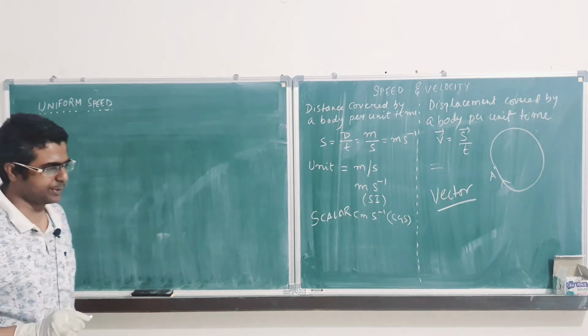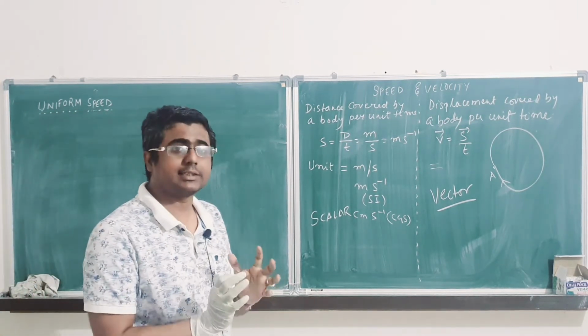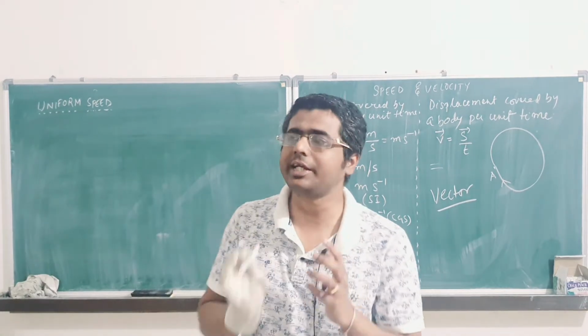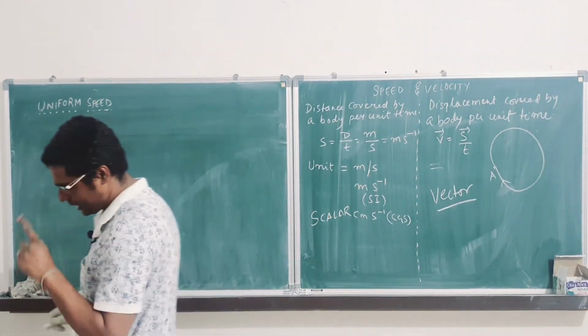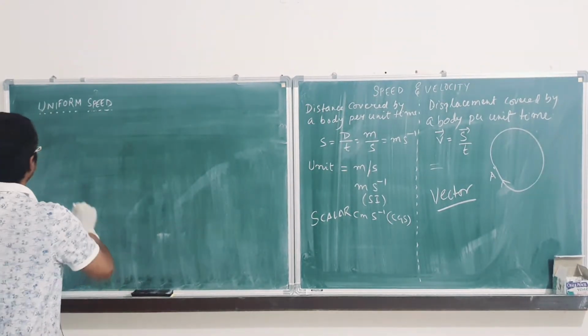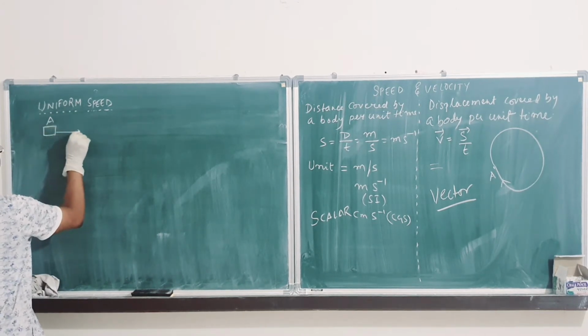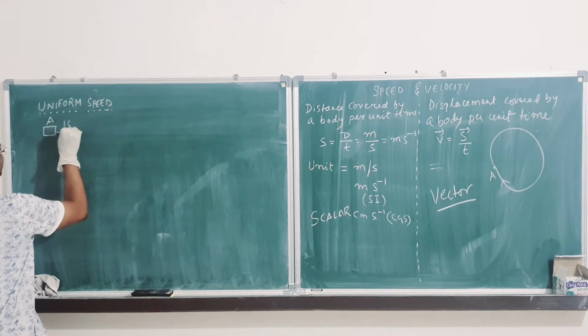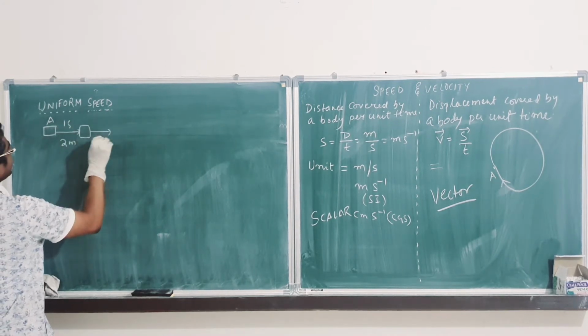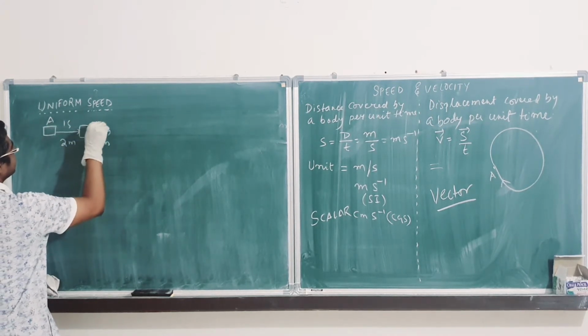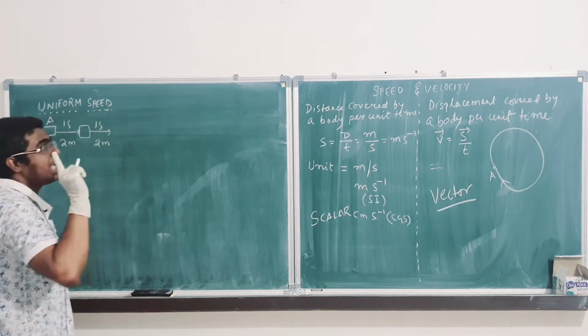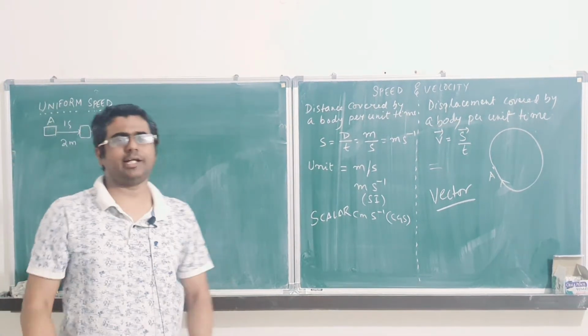What is uniform speed? When a body covers equal distances at equal intervals of time. What does this mean? Suppose a body A covers 2 meter in 1 second and then another 2 meter in another 1 second, like this. It covers equal distances in equal intervals of time.